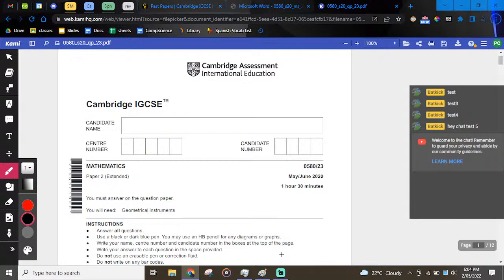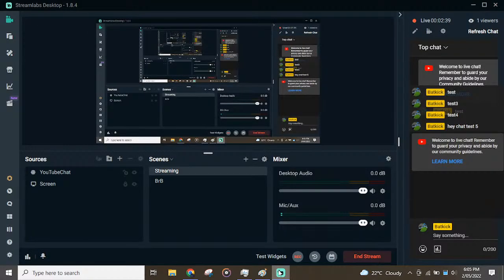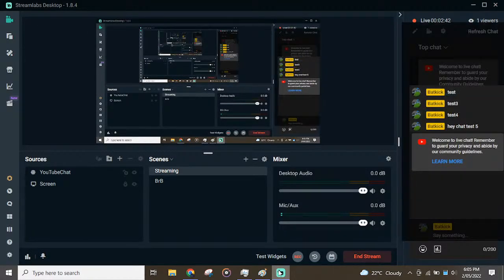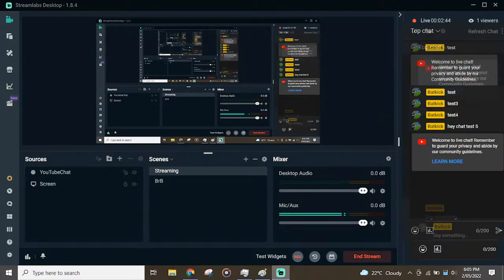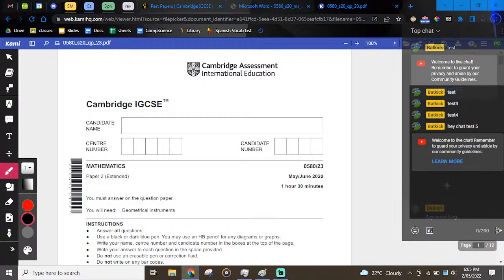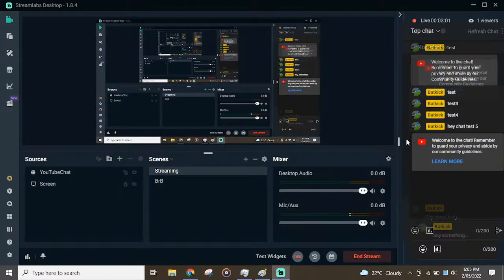Alt T. Oh, it did show up for a second. So I can get an overlay, but it looks like I can't chat there. Okay, does it show my overlay? Oh, it does. That's awkward.